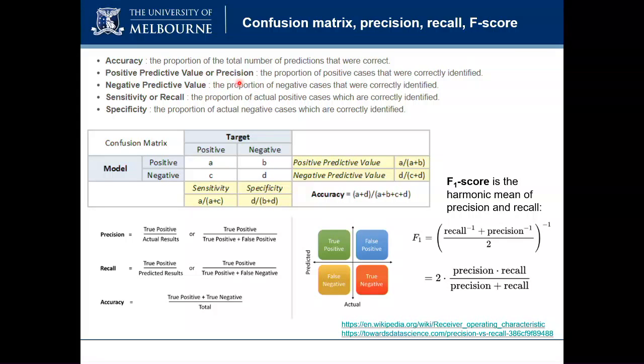But your application may vary, therefore precision is the named one. Then there is recall or sensitivity, the proportion of actual positive cases which are correctly identified. So recall will be the sensitivity, which is A over A plus C here, right? And then this is the other definition.